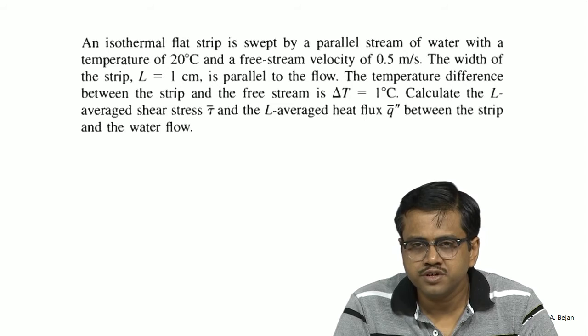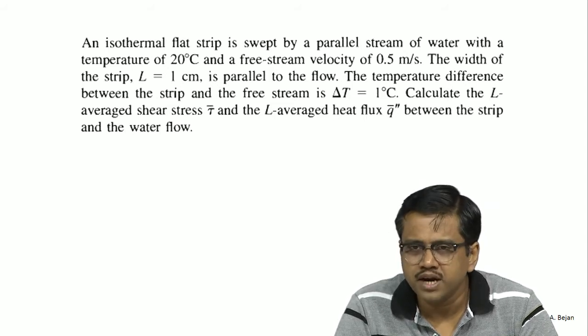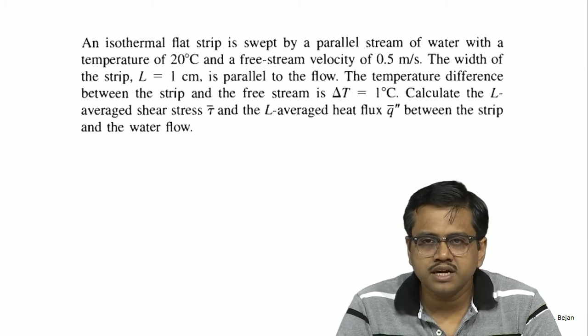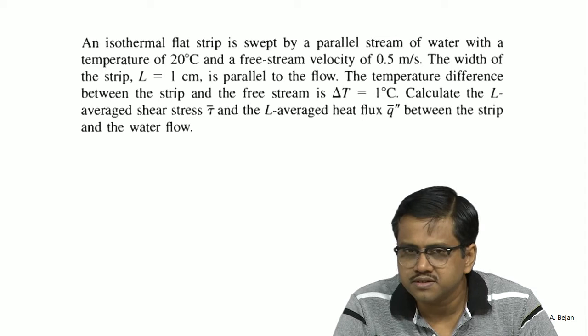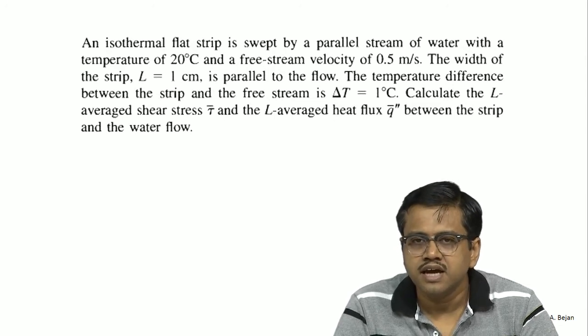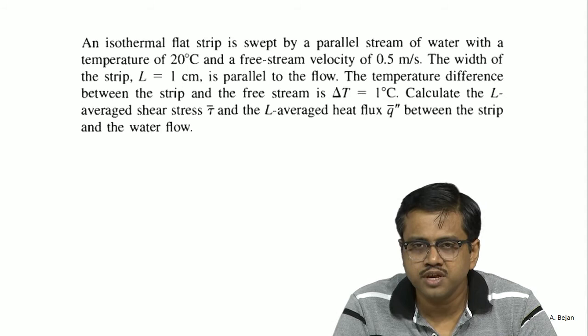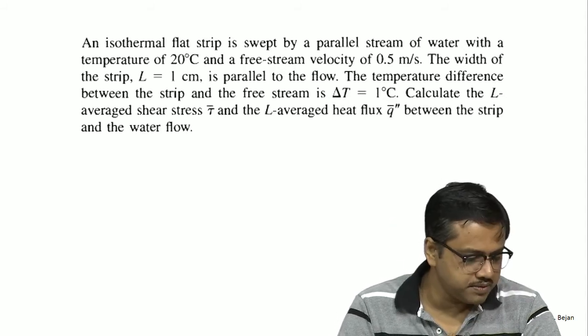The temperature difference between the strip and the free stream is delta T equal to about 1 degree Celsius. We need to calculate the L averaged shear stress, that means the length and width averaged shear stress, and the averaged heat flux between the strip and the water flow. That is what the problem statement is all about.